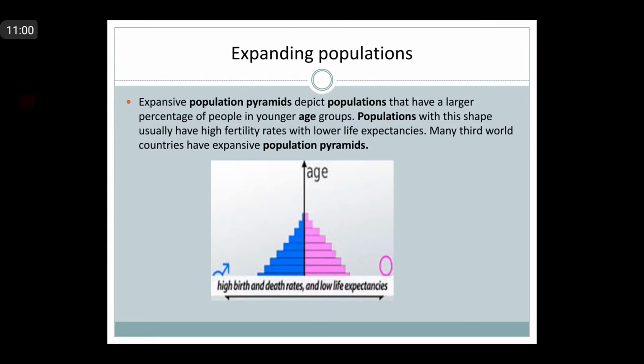As far as the first one, the expansive one, is concerned, expansive population pyramids depict populations that have a larger population of people in the younger age groups. So, what about the fertility rate? A high fertility rate and high birth rate, and with lower life expectancy, these are the specific features of this type of population pyramid.